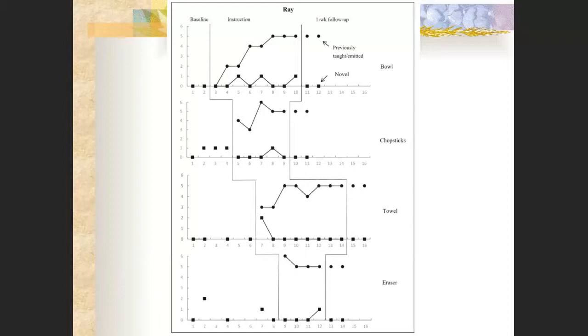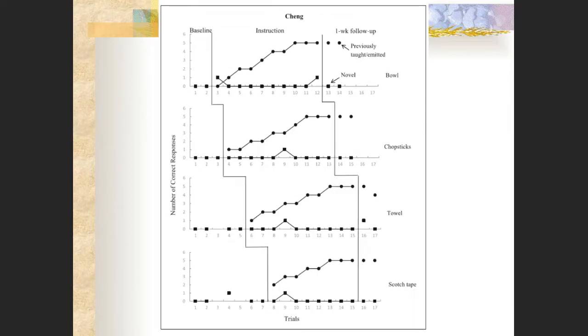Yeah, this is the graph. As you can see, their responses were low during baseline, and in the instruction sessions, their responses increased to a high level. We also measured novel responses, the squares. These are the non-target responses the child created during instruction.